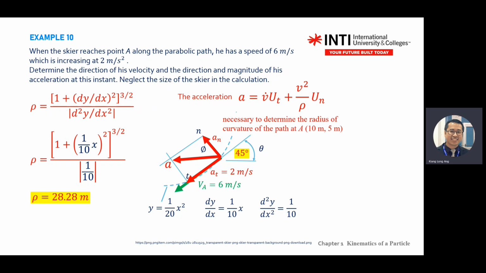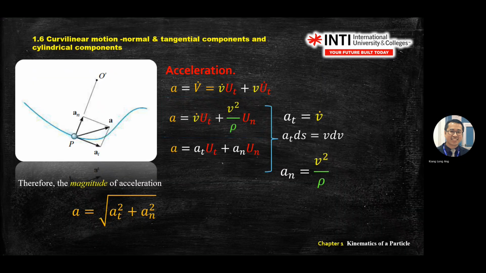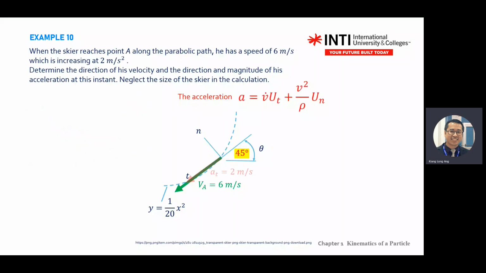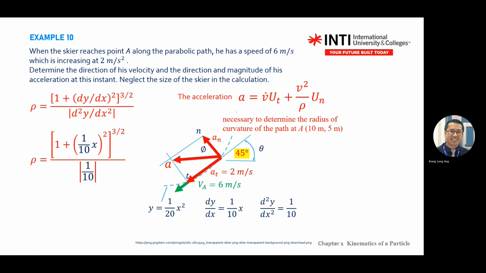Then you substitute at that particular position. Where is your x? Your x is 10. Still remember? Yeah, because your x location is 10. So you substitute inside there, you get the answer for your curvature.